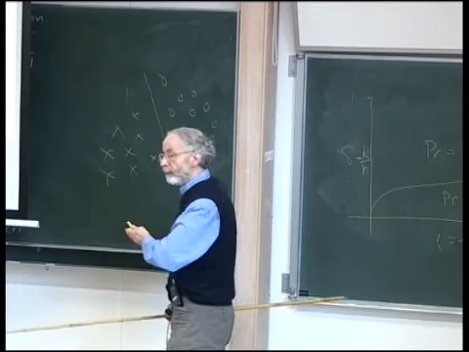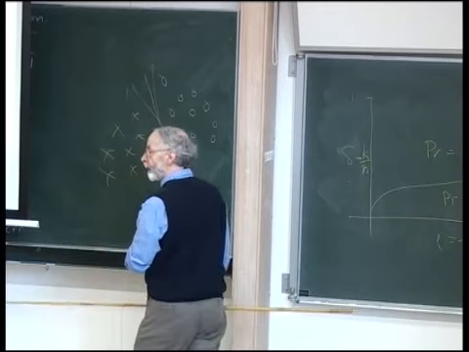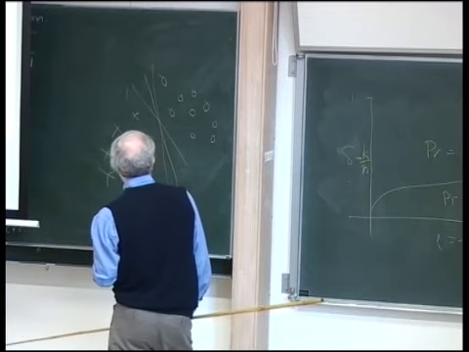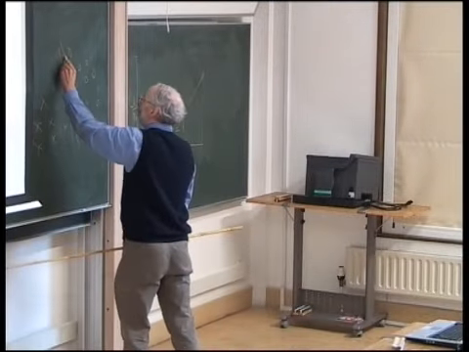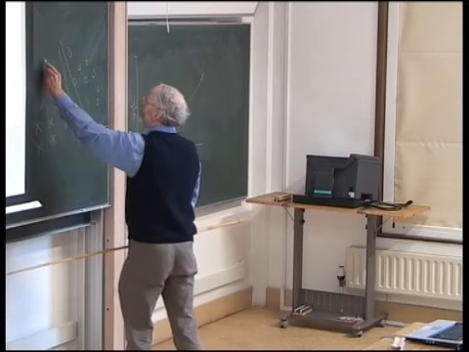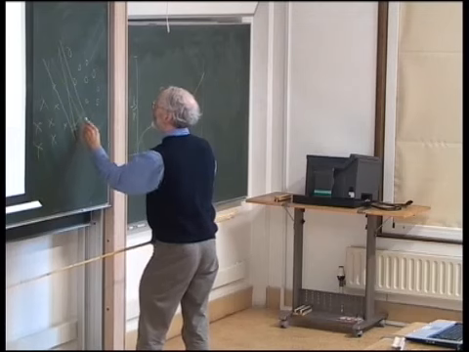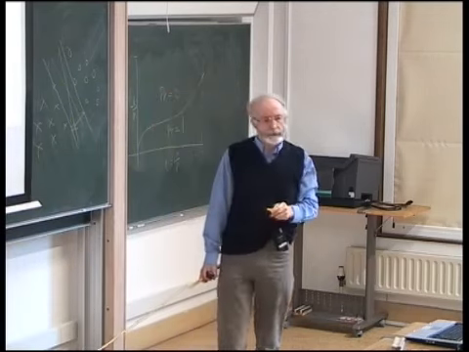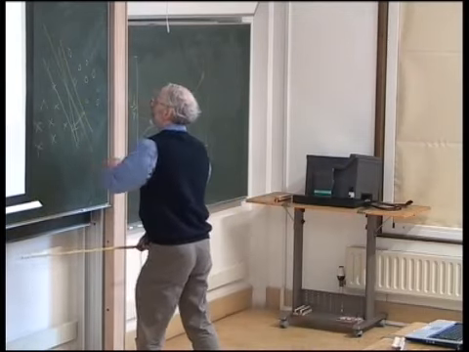But there are lots of these straight line boundaries. And what the support vector machine does is to find the one that maximizes the so-called margin, maximize the gap, and then take that as your boundary.